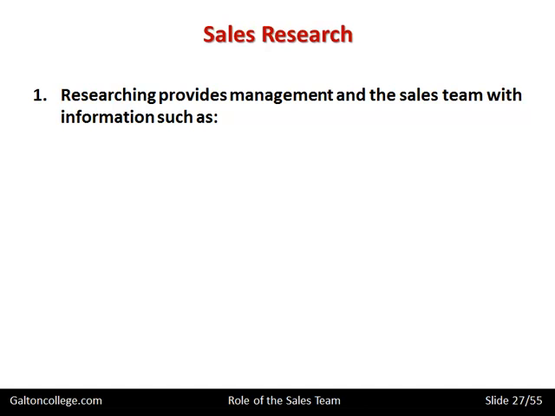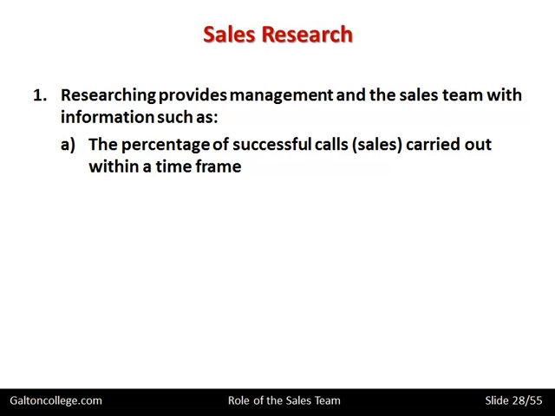So it provides the management with information such as the percentage of successful calls carried out within a time frame. Let's say the business has a phone line, or it sells online, or it sells through sales centers.